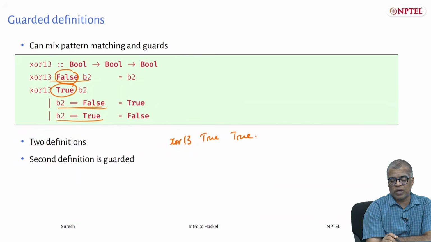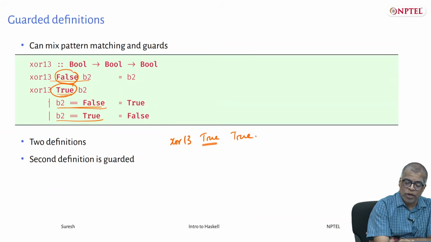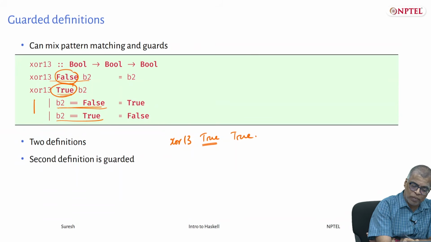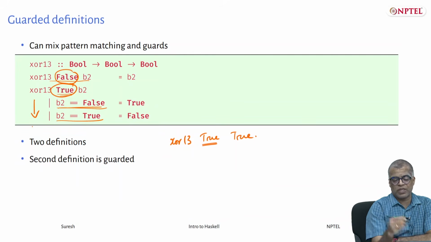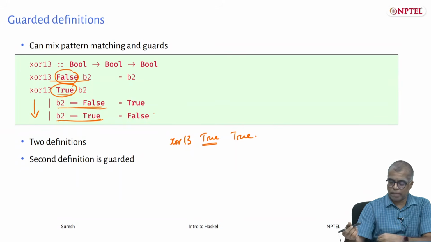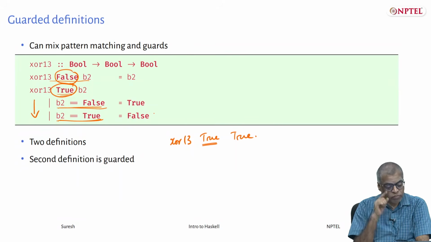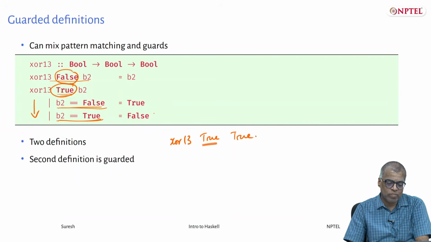So this argument does not match that pattern. But the first argument matches this pattern. But then again, it will go into each guard and look at it in order from first to last. It will check whether B2 satisfies this guard. It does not satisfy, so it will go here. B2 satisfies this guard, so it will actually fire this definition. Okay, so these are guarded definitions.